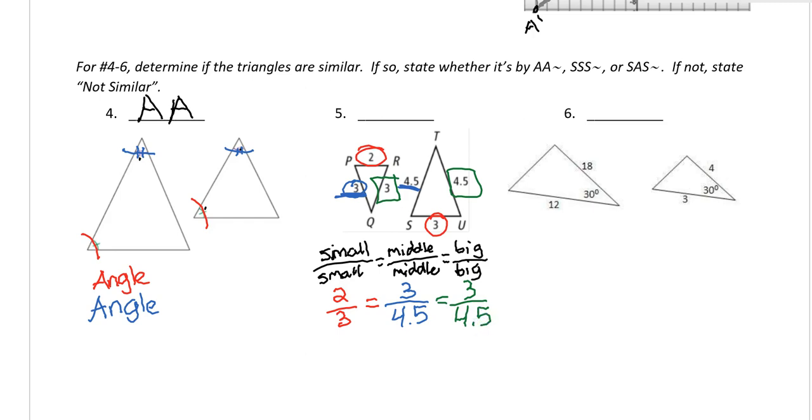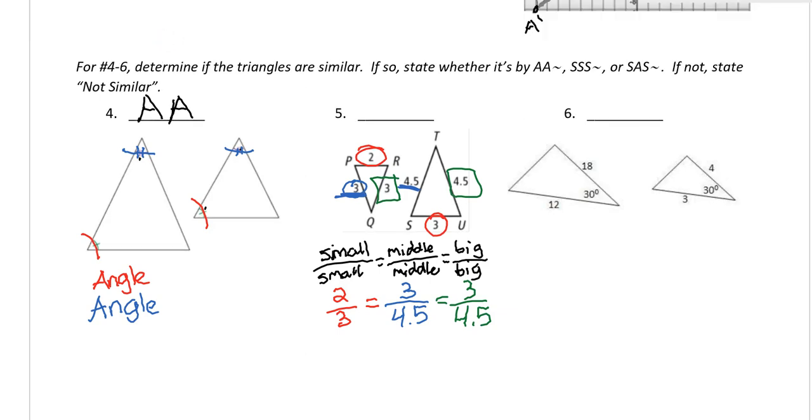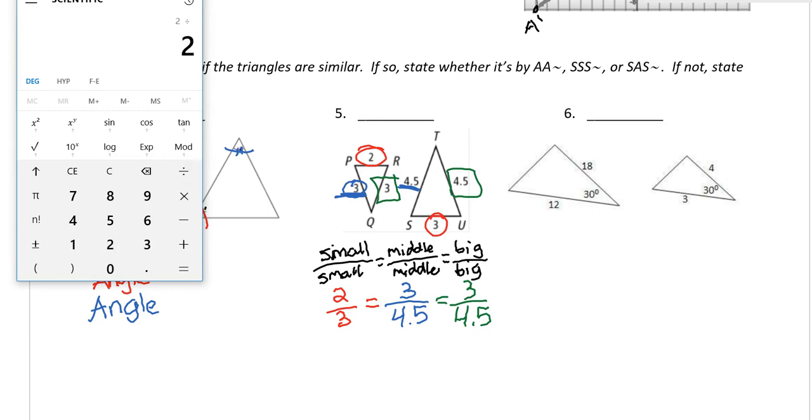Okay, so now I have to reduce. If you type 2/3 into your calculator, you notice it won't reduce, but I am just going to get it as a fraction.